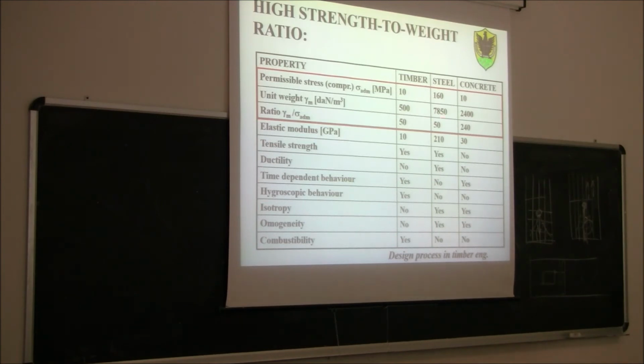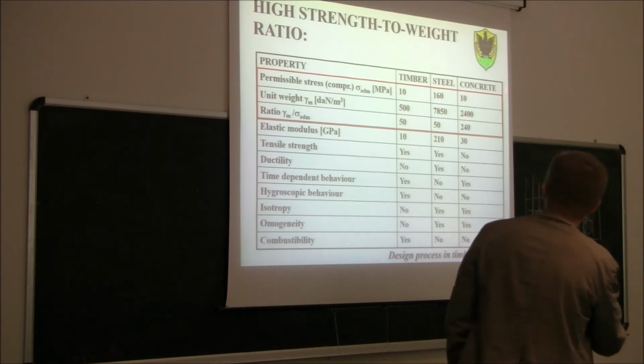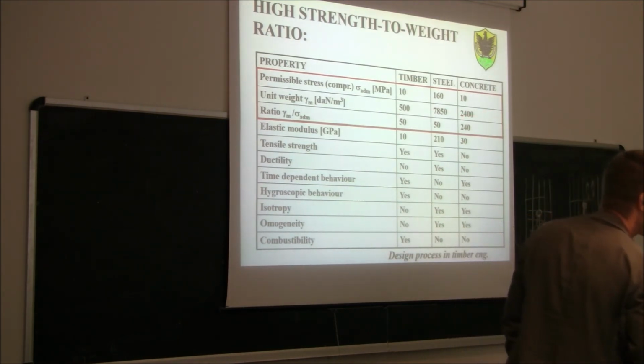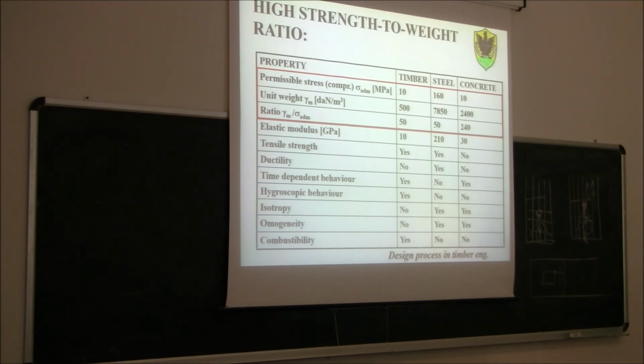So we see immediately that there is a ratio of 5 between the unit weight of concrete and the unit weight of timber. Before we said that the column made of timber is the same cross section as the column made of reinforced concrete. So also the volume is the same. How will be the weight? So the less. 5 times less.